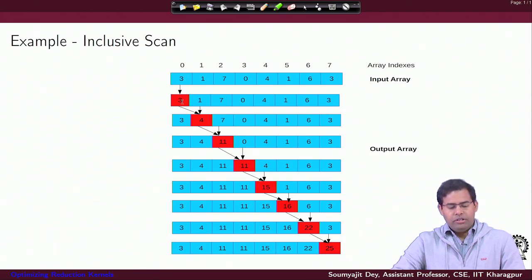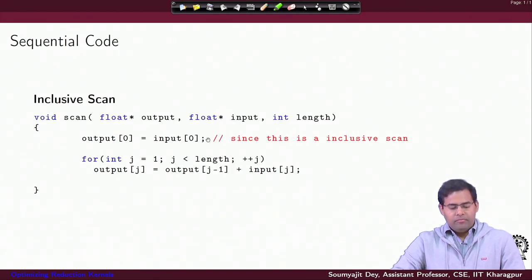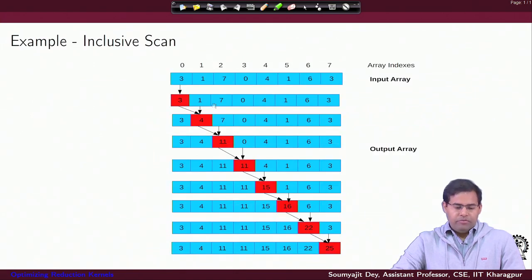You are just accumulating the value here and considering the previous accumulated value, the output array's location. In the current iteration, j is equal to 1. So, this is your output 0 plus input 1. Then output 1 plus input 2 should give you output 2, output 2 plus input 3 should give you output 3, and so on and so forth.